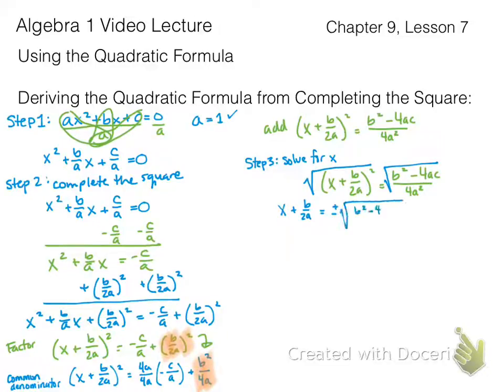And I'm going to get that. And I can square root the bottom because it's a perfect square, which is another reason why I definitely needed to use the 2a here, because of how things work out, and I need to be able to have a perfect square on the bottom.